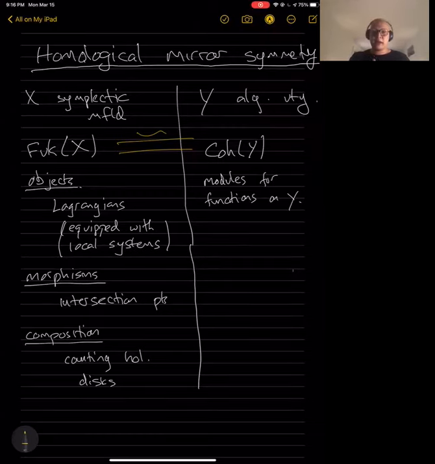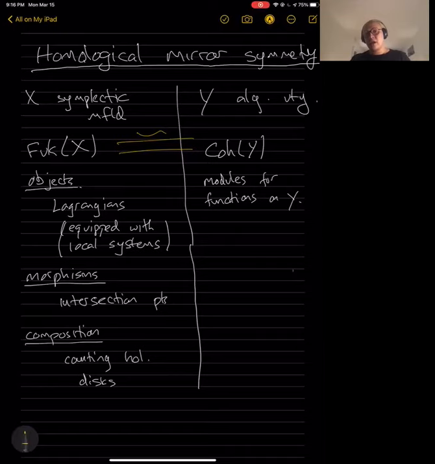So as I explained, the Fukaya category is hard to compute. But on the other hand, it's easy to construct somehow families of Fukaya categories. Symplectic manifolds deform with continuous parameters in a way that leaves the Fukaya category constant, whereas that isn't true for the category of coherent sheaves on an algebraic variety.